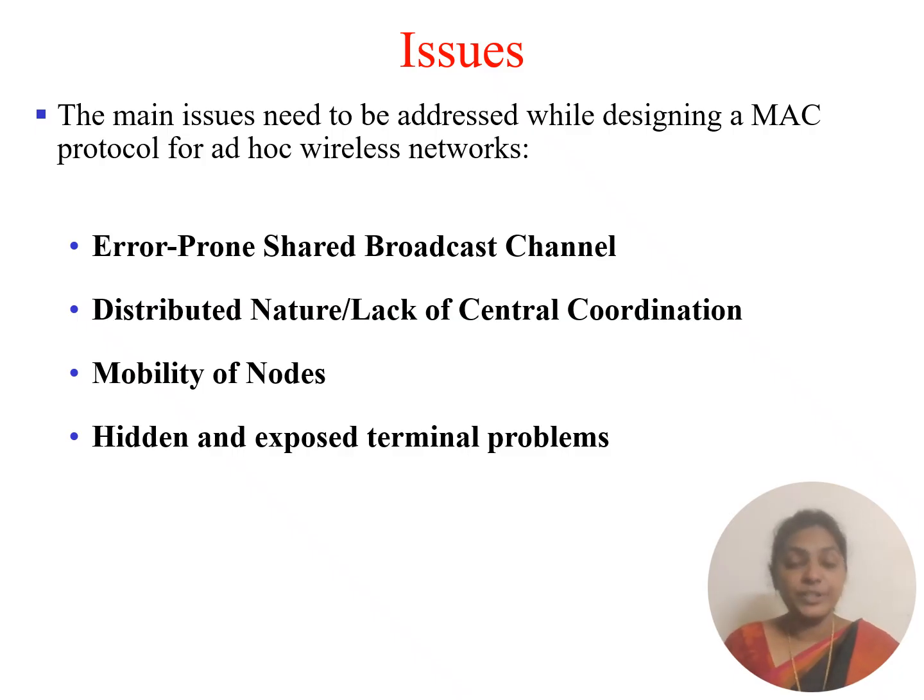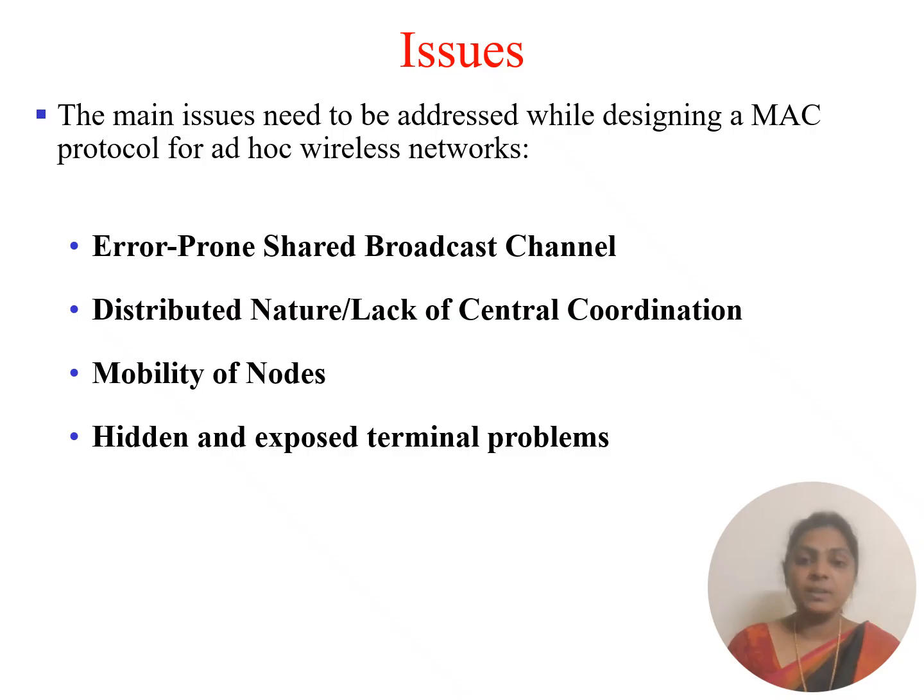And there are some more issues that have to be considered before we design the medium access control protocol. It includes the error prone shared broadcast channel. As you can remember, this is a wireless network, so every node has a coverage range. So it knows about other stations that are within its coverage range.